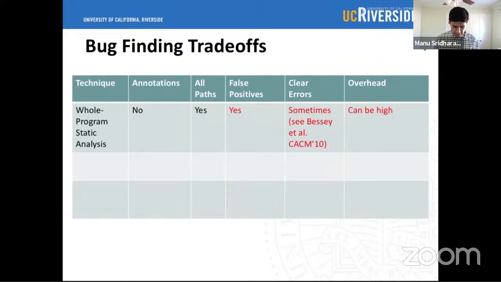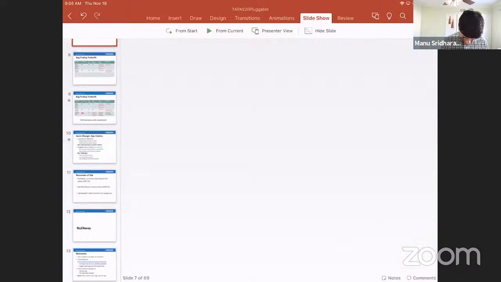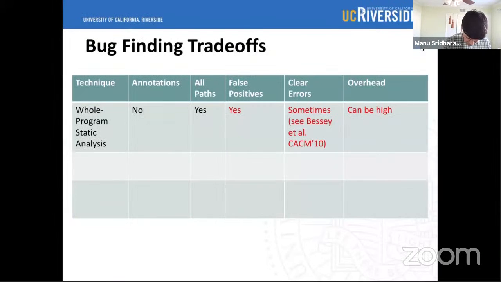So if we look at whole program static analysis, let's just go left to right here. We don't need annotations. You can just analyze code as is and try to find bugs in it. And that's a big advantage.